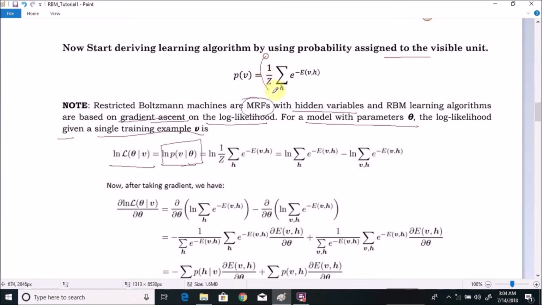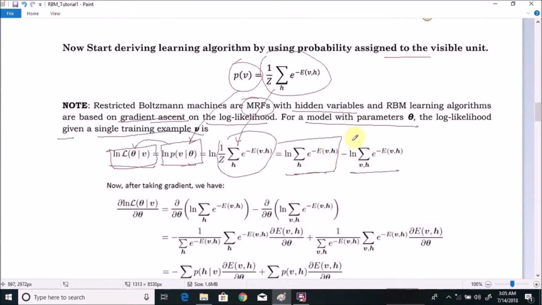So we can represent these equations, and this part is changed like that, and again we can represent this as these equations. After simplification we get these two parts. So now the question is, why log likelihood with gradient ascent?